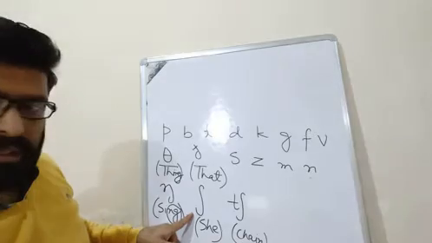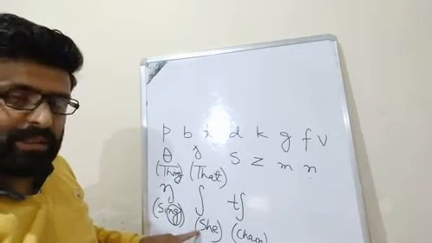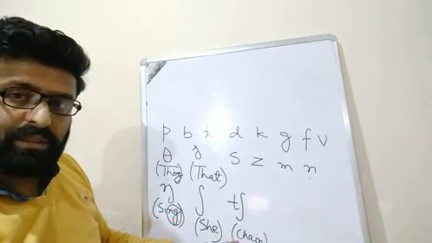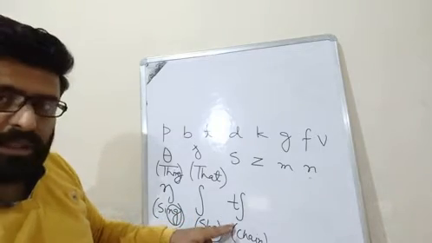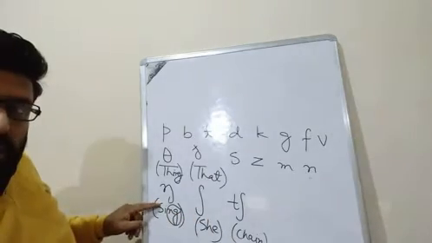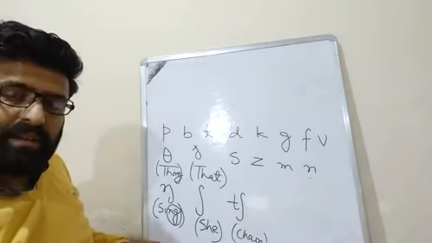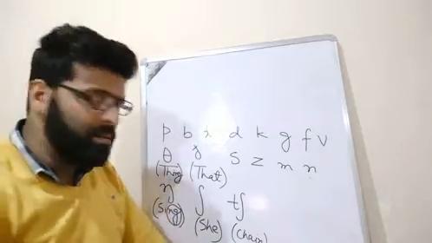This is the sure sound, she. And this is the symbol for ch, chain. Sure and ch. And this is ang. For example, king, sing, being, ng sound. And this is the h sound, hen.